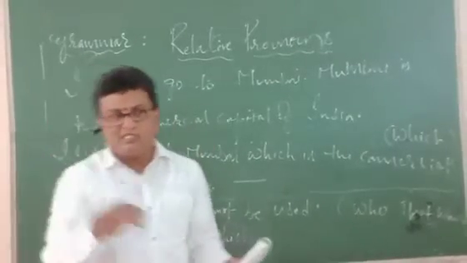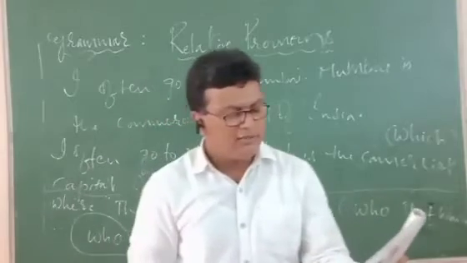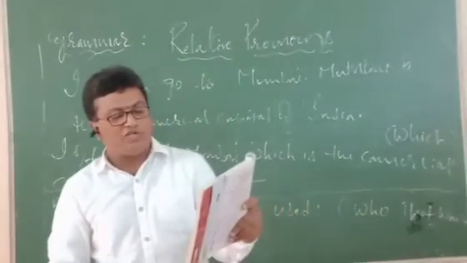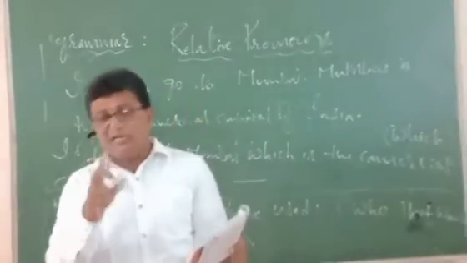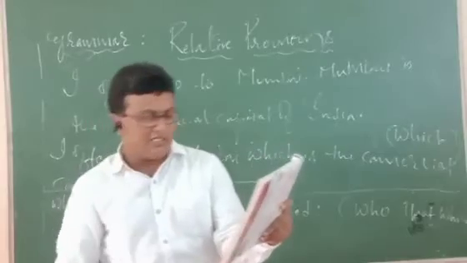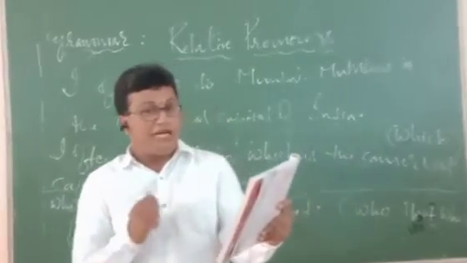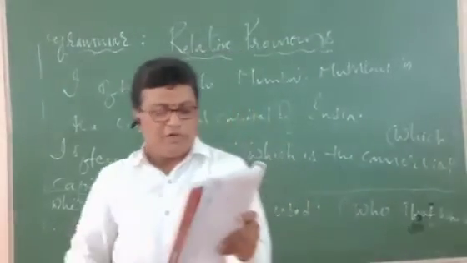Now, the second sentence, I'll just read out. My mother is going to host a TV show on cooking. She cooks very well. You are given two main clauses in the sentence. I'm going to combine this literally over here.